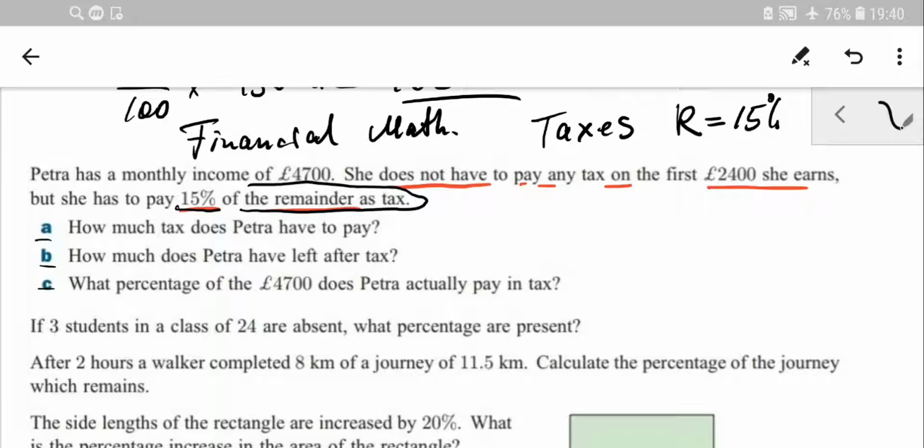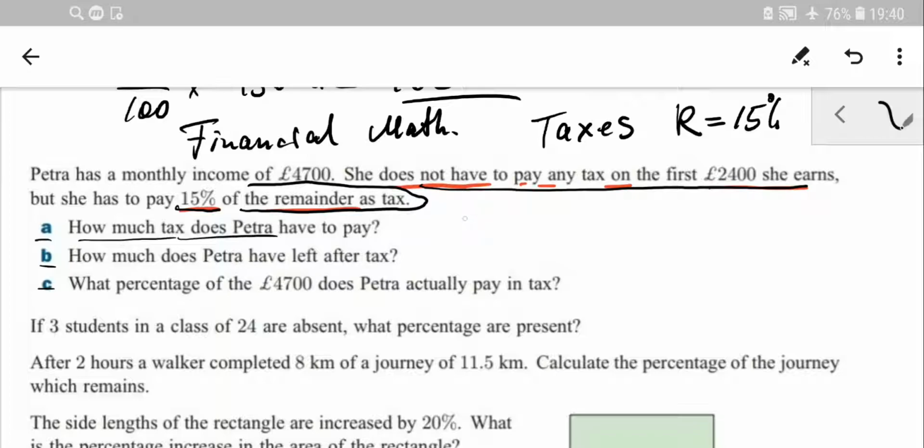Of the remainder, okay? So for the first 2,400 pounds, she has an exemption, she doesn't need to pay. So first of all, we need to calculate the remainder. And the question is, how much tax does Petra have to pay?